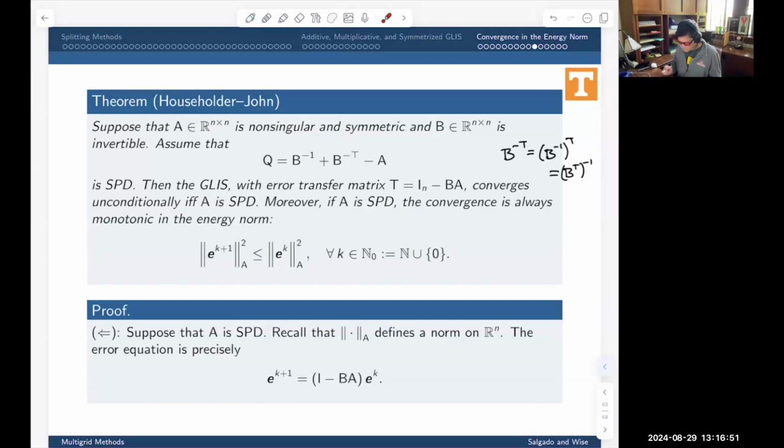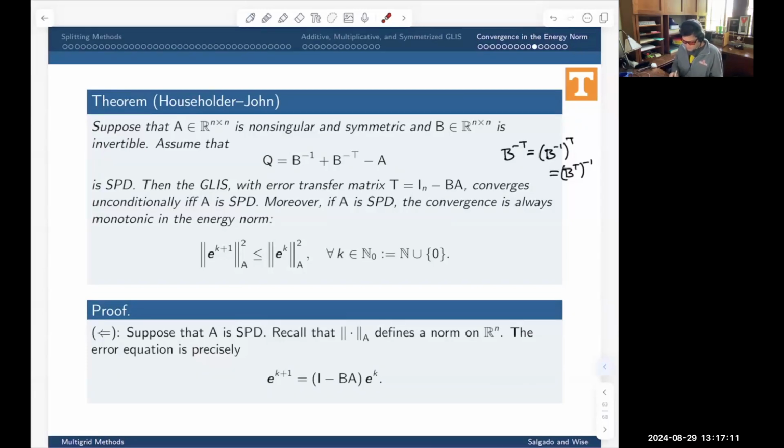I'm only going to do one direction. The one I'm going to show is this one: I'm going to assume that A is SPD and show that the method converges unconditionally under that assumption. This is the so-called easy direction. The other one is the more complicated one.